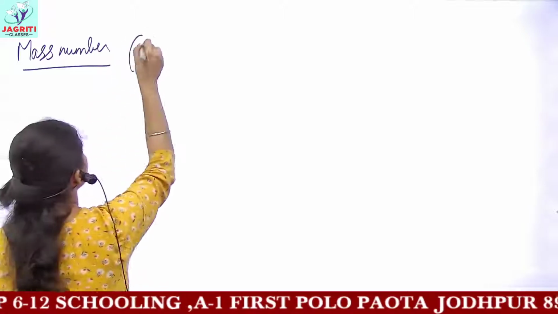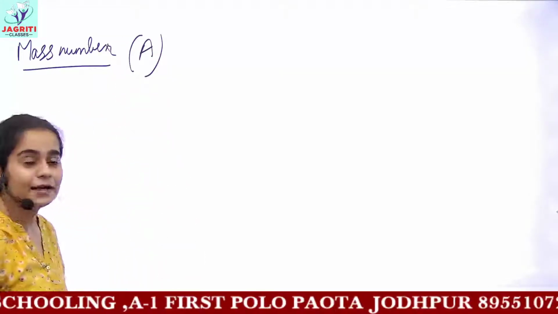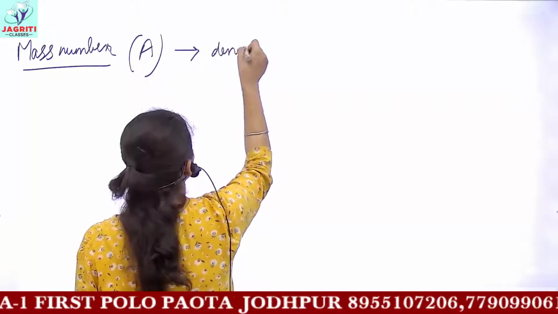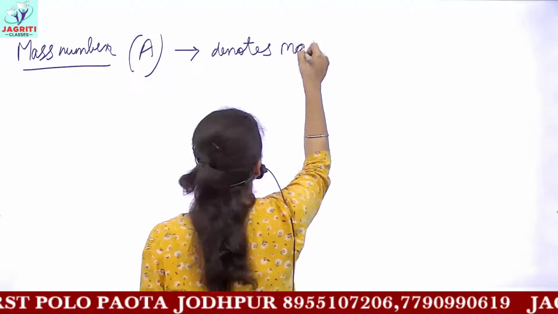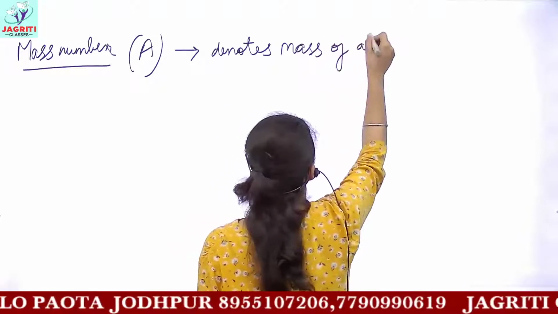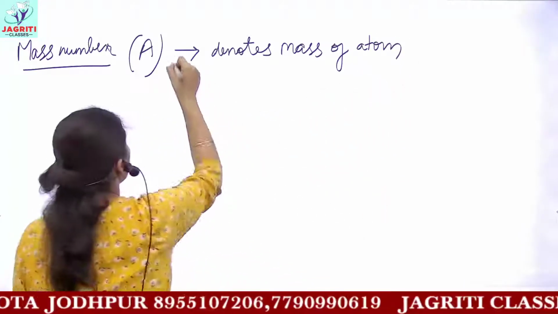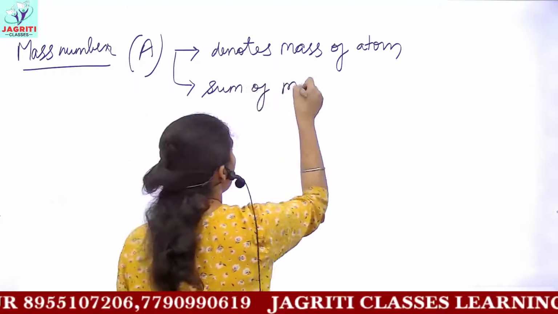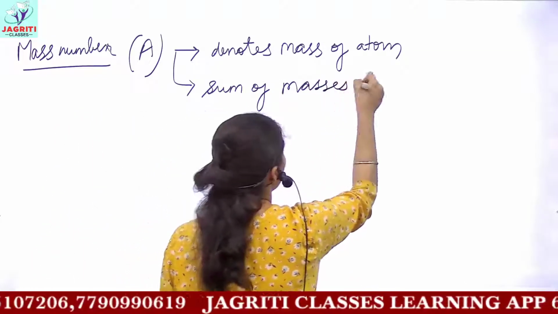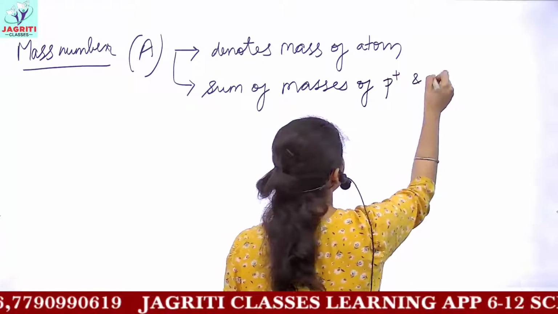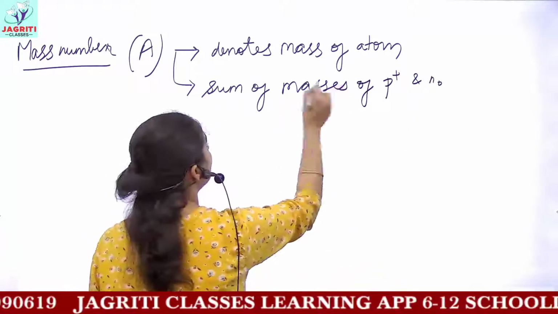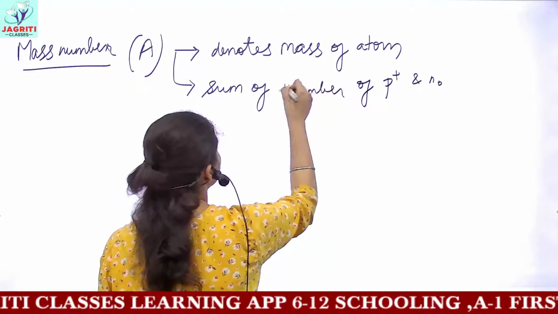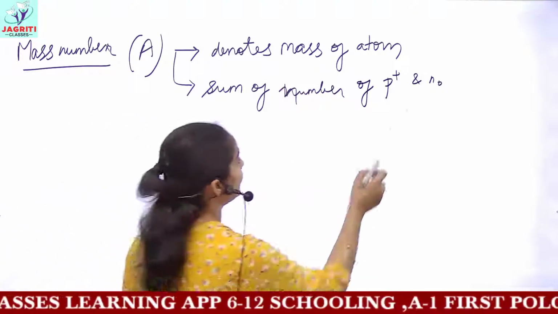Now discussing the last short topic, that is about mass number. Mass number is denoted by capital A, and it denotes the mass of an atom. So how can you calculate mass? It can be defined as the sum of masses of protons and neutrons present in the atom, or you can say the sum of the number of protons and neutrons present in the atom.